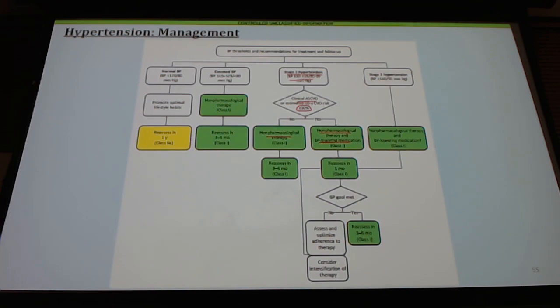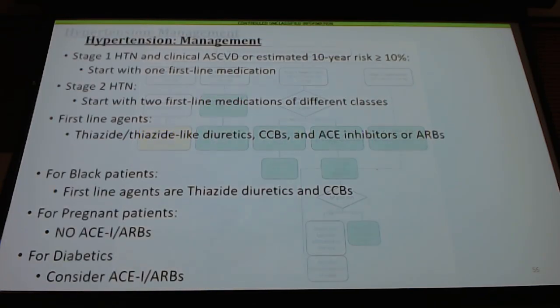If you have stage 2 hypertension, which qualifies as a blood pressure greater than 140/90, then they recommend both lifestyle and a blood pressure lowering medication, and then seeing if we get to our goals. And this just kind of summarizes that.